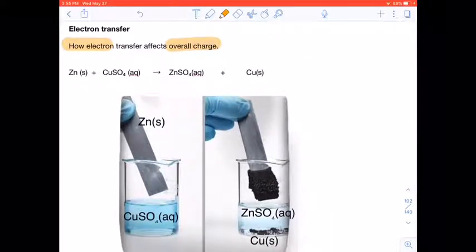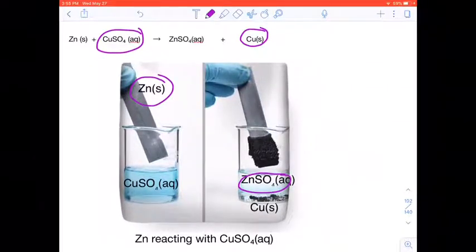Here now, what I have is zinc. As you can see, we've got zinc here, and what's happening? Zinc is placed in copper sulfate. So after a while, what actually happens is you see that in solution here, you have zinc sulfate, and you see copper actually forming, the copper atoms forming.